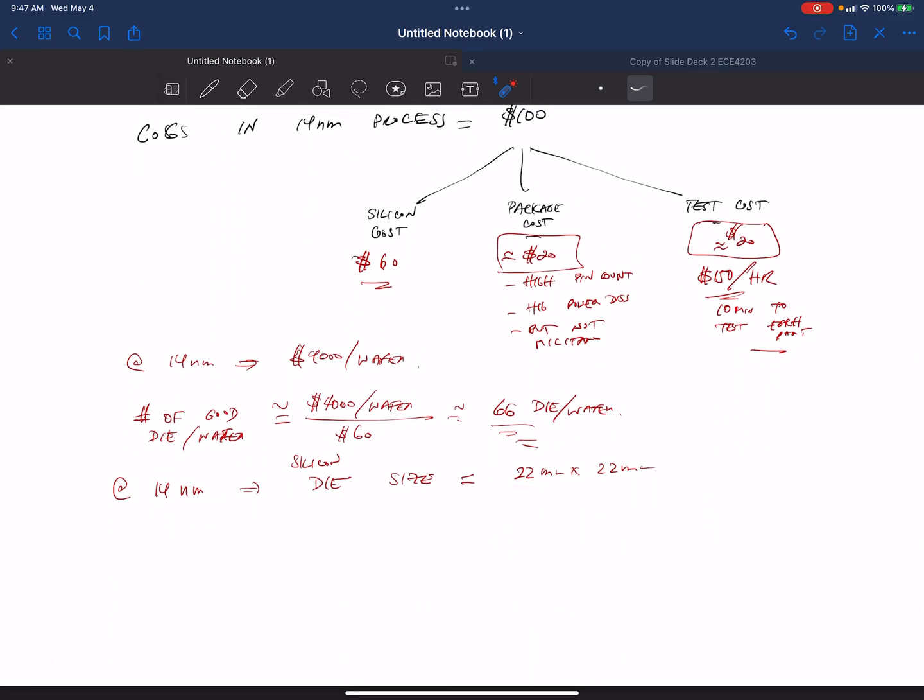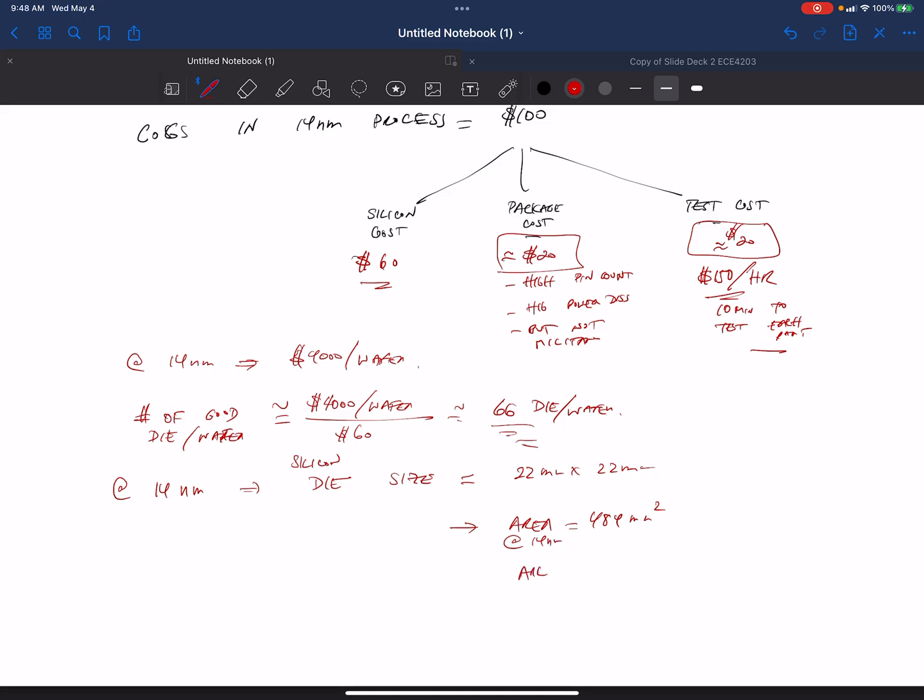So the area is 22 squared, which is 484 square millimeters at 14 nanometers.